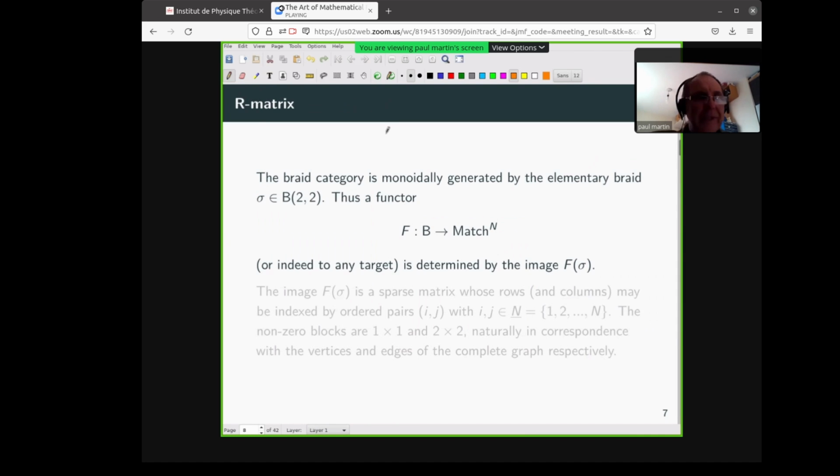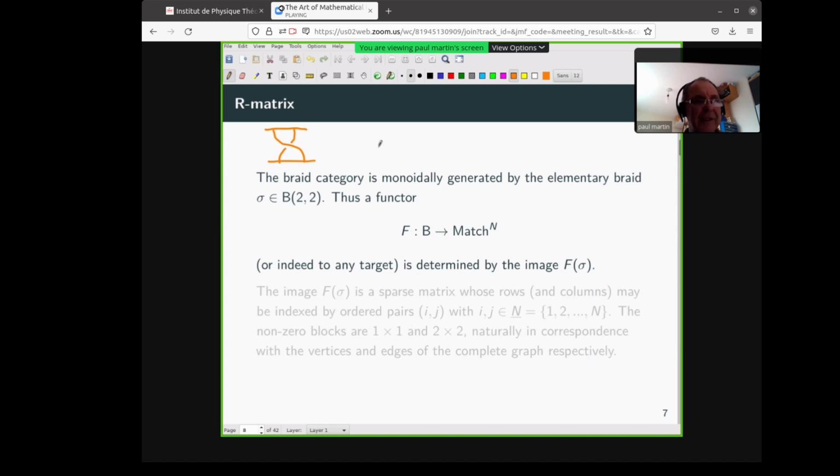If you're with me, you will see that that category is monoidally generated by the elementary braid. Let me just have a go annotating the schematic of the elementary braid. Is that coming out? Yes, it is.